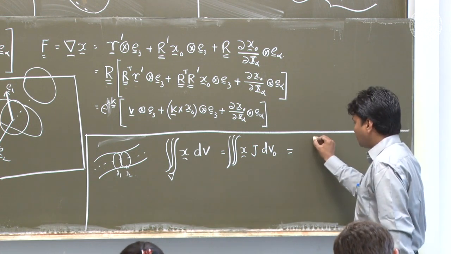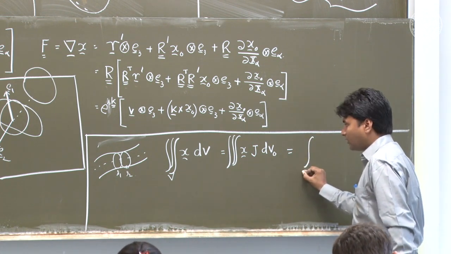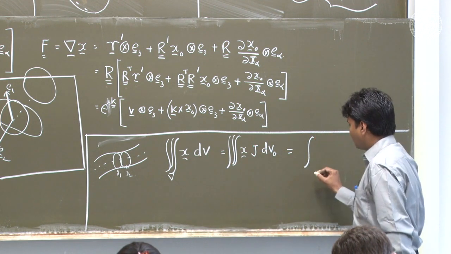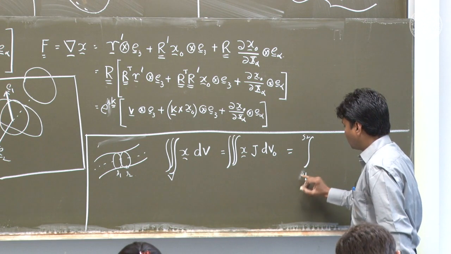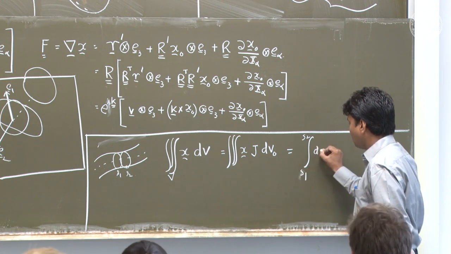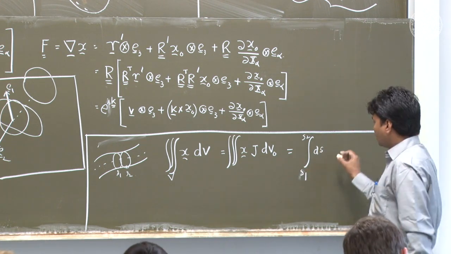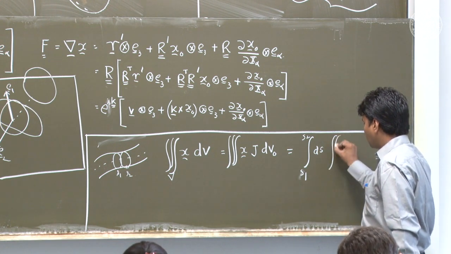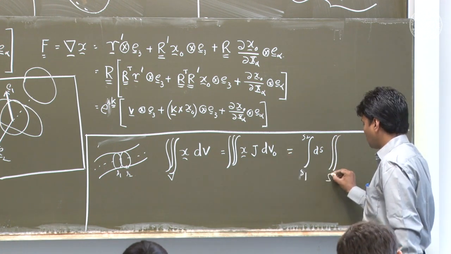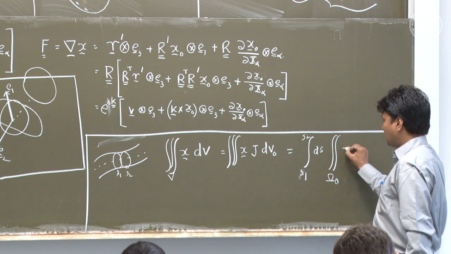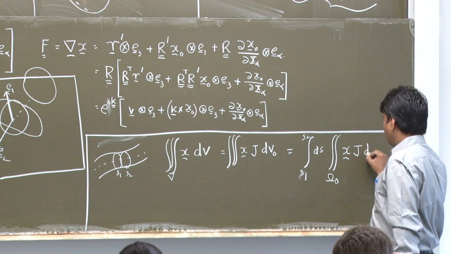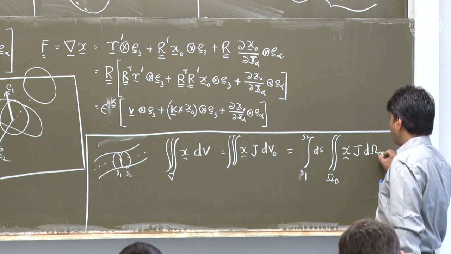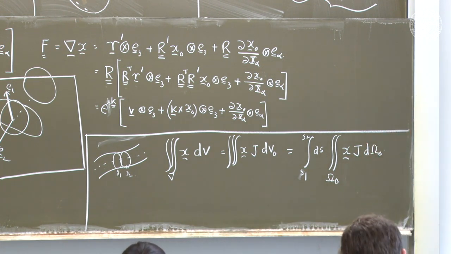You could also write this as first integral over S, which is going from S1 to S2, of ds times the other integration over the cross section omega naught of little x Jacobian d omega naught, right.